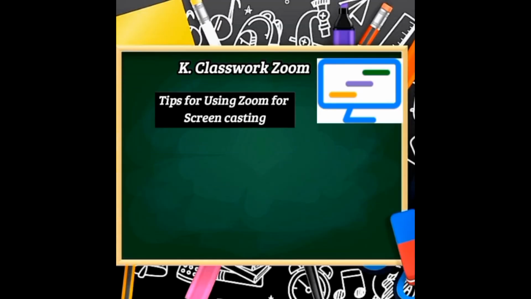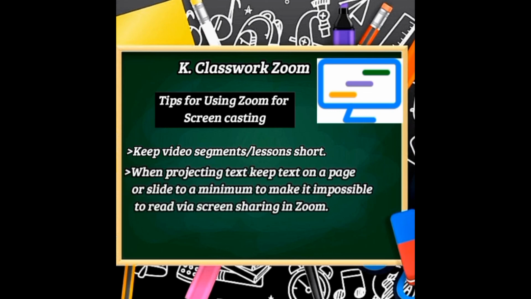Okay, so we have tips for using Zoom for screencasting. First, we can keep video segments and lessons short. We can use visuals, images, and animations sparingly when they help convey a point. Second, when projecting text, keep text on a page or slide to a minimum.